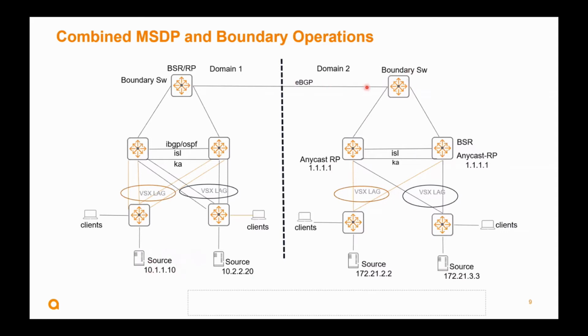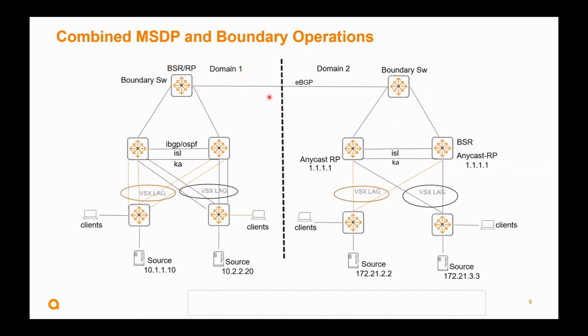So the BSR boundary is preventing the PIM announcements and registrations, and the boundary ACL is preventing the receivers from knowing about other sources within domain 1. And vice versa, in domain 2, I configure on the edge the BSR boundary command, and then the filter to only allow this source to be known by other domains.